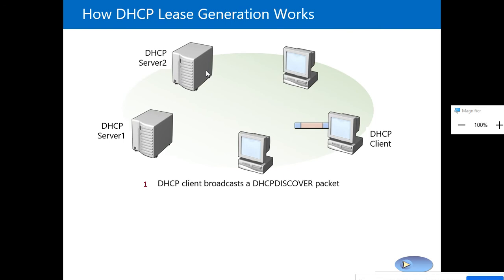The first step is that the client broadcasts a discovery packet, the DHCP Discover packet, to everyone in the network, irrespective of whether it is a DHCP server, any other server, or any client system. Irrespective of that, it will broadcast a message to everyone in the network.